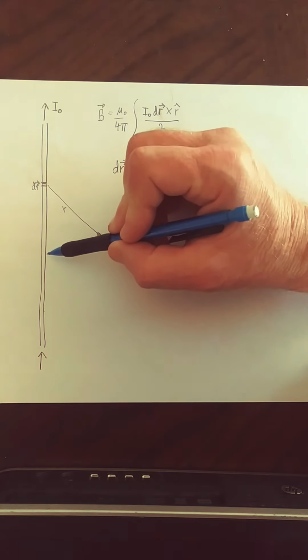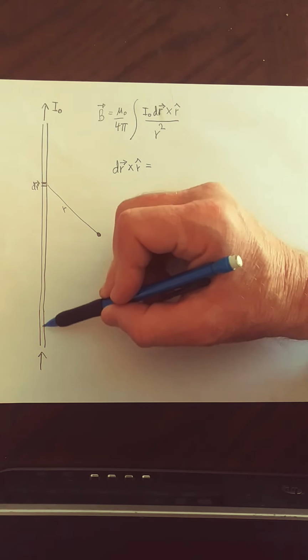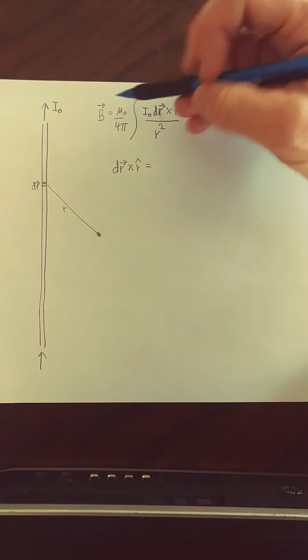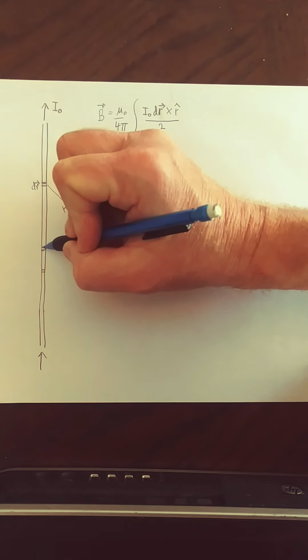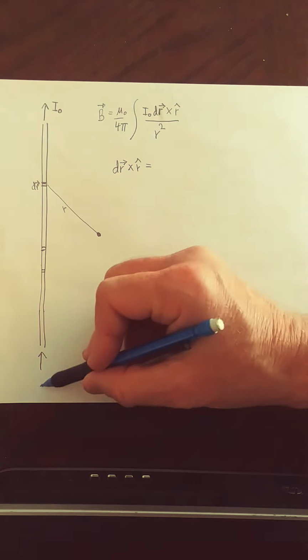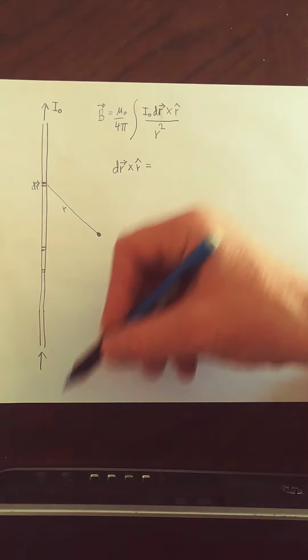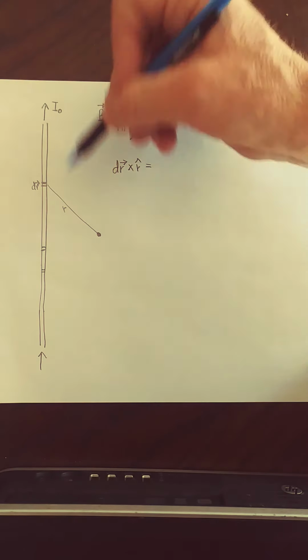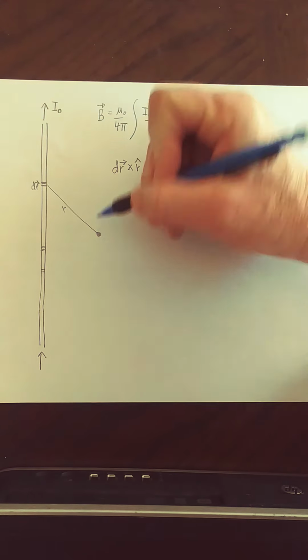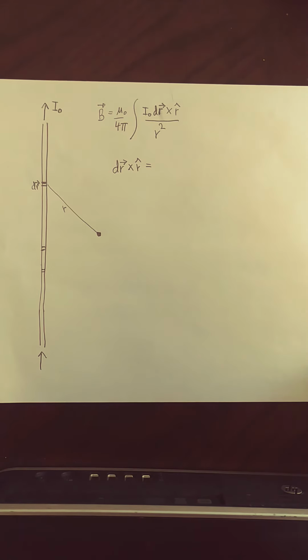So we're integrating from minus infinity all the contributions of these little pieces along the wire. They create a magnetic field here, and all these little pieces are at different distances from this point, and we need their net contribution to the magnetic field.